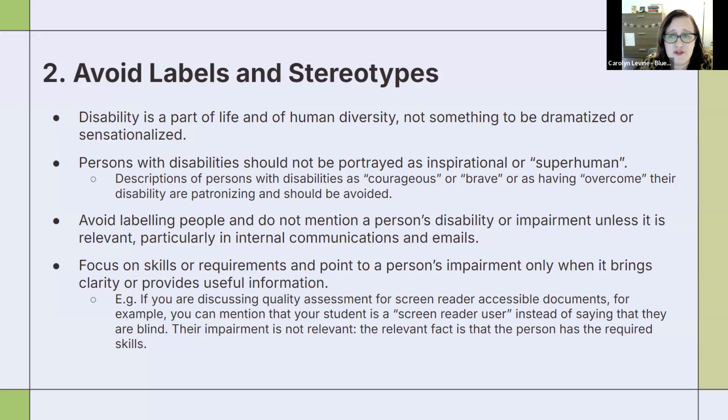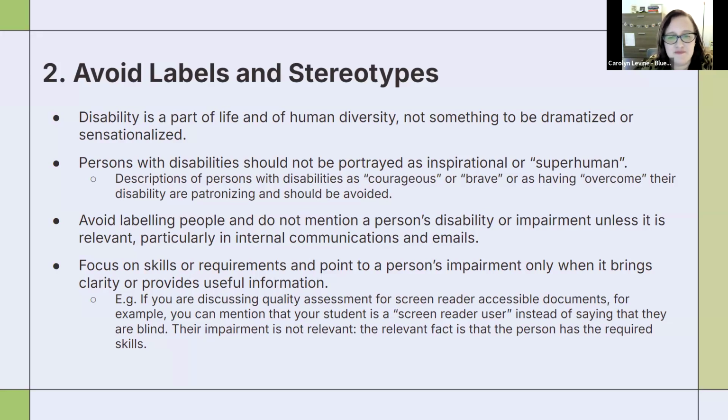Avoid labeling people. Don't mention their disability unless it's 100% relevant. We want to focus on their skills and requirements and only point out their disability or impairment when it is required. So the example I have here is if you're discussing quality assessment for screen reader accessible documents, which we are all going to be doing a lot of in the near future.